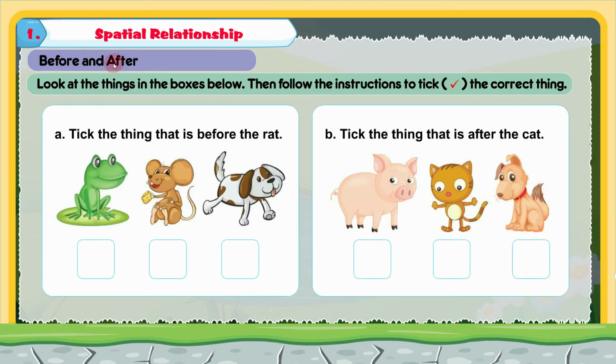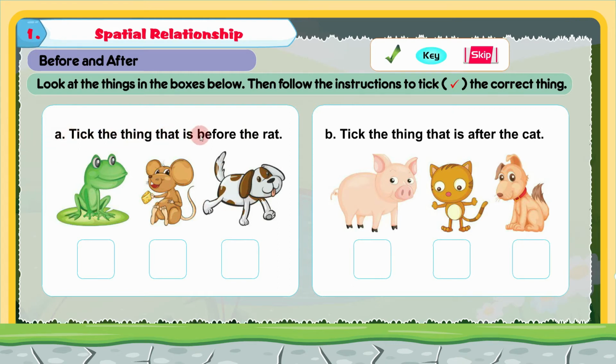Before and after. Look at the things in the boxes below. Then follow the instructions to tick the correct thing. Now here we have two boxes, A and B. Let's do first A box. In this box we have three pictures, a frog, a rat and a puppy.